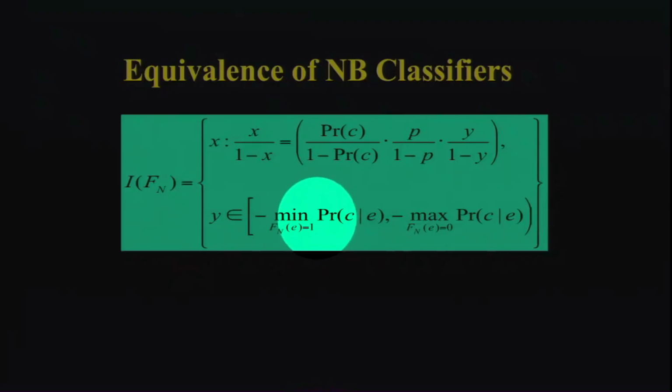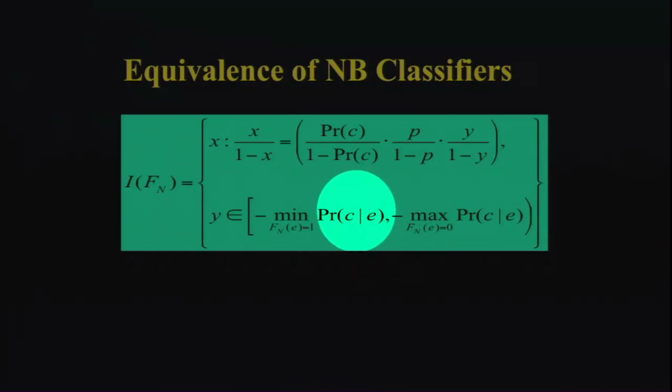So it's really simple once you understand this. What is going on here? Look at this. What are we doing? I'm looking at the posterior, C given E, and I'm trying to find the instance E, the positive instance E, that minimizes this quantity. We've seen that before, right?